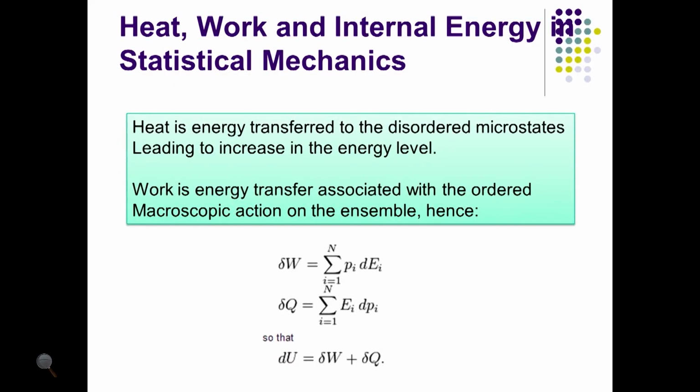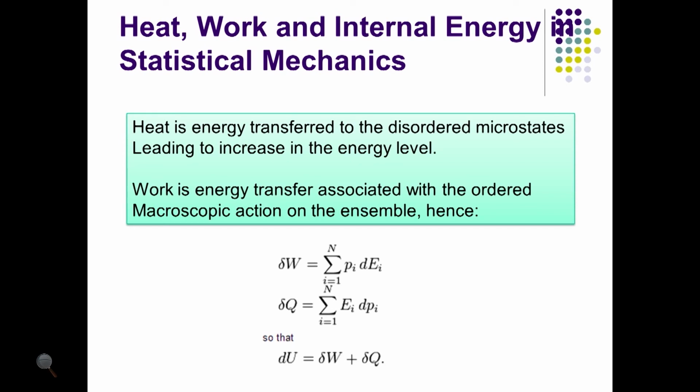So, if you go further, let me define heat, work and internal energy. We also know delta U. In terms of statistical mechanics, heat is energy transfer to the disordered microstates, leading to an increase in the energy level, and work is energy transfer associated with ordered macroscopic action on the ensemble.